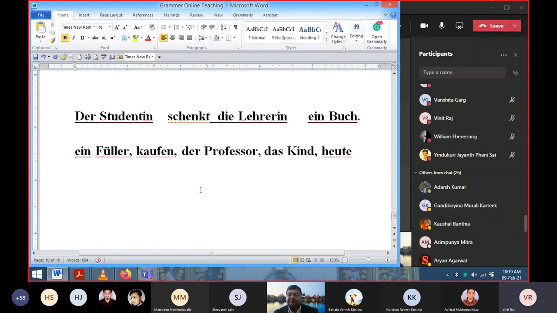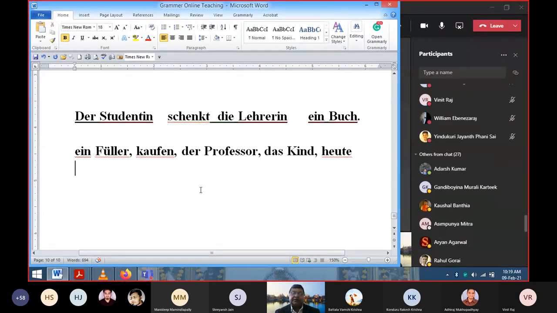Everybody should try. Füller, kaufen, der Professor, das Kind, heute. These are the words I have written, and you have to make a sentence by making necessary changes with the article form and the verb form. Now you have to think which noun you are going to make subject, which noun you are going to make direct object, which noun you are going to make indirect object.